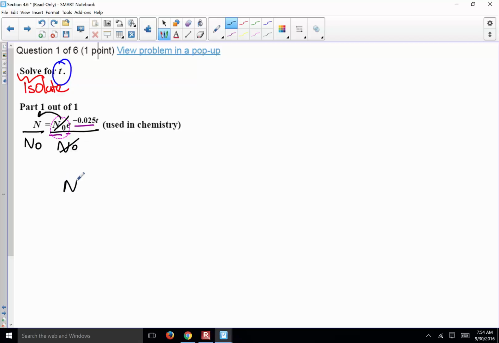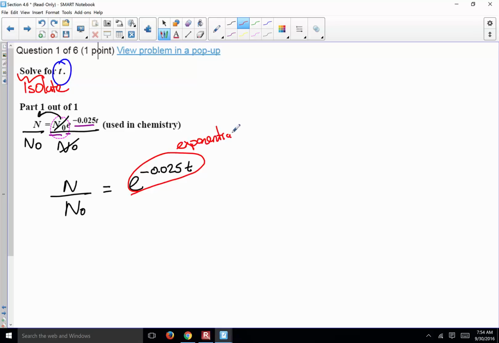And we have N over N sub 0 equals e to the negative 0.025 t. Okay, how can I get rid of this negative 0.025 or e? This is called an exponential form. This is exponential, right?